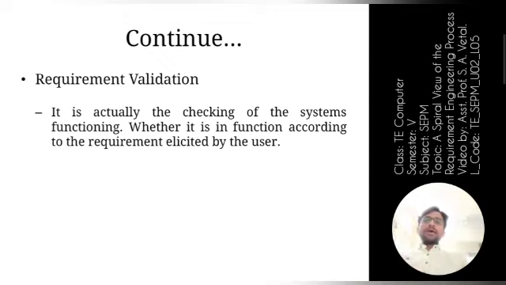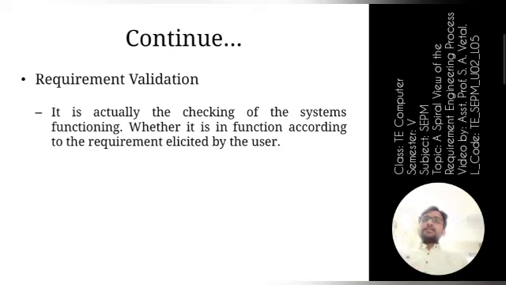Means in requirement validation, we are just going to check whether all the functionalities of our software or all the functions are working according to the requirements which are elicited by the user.